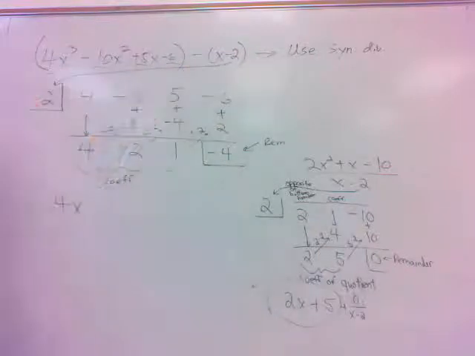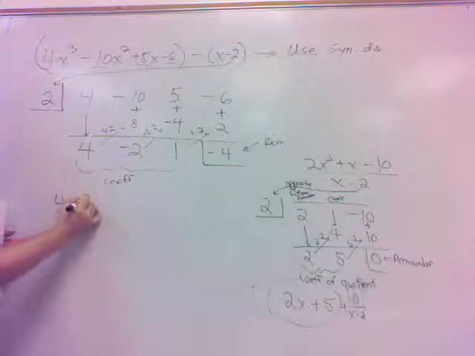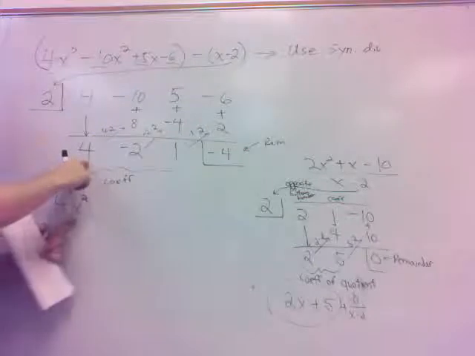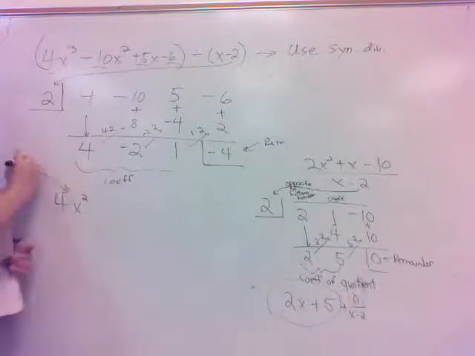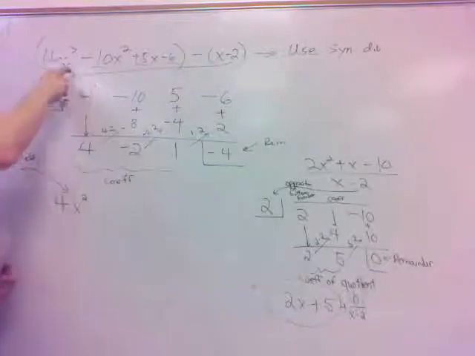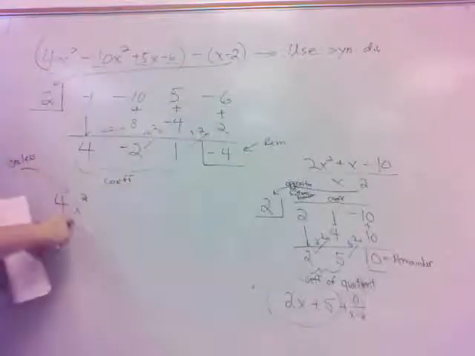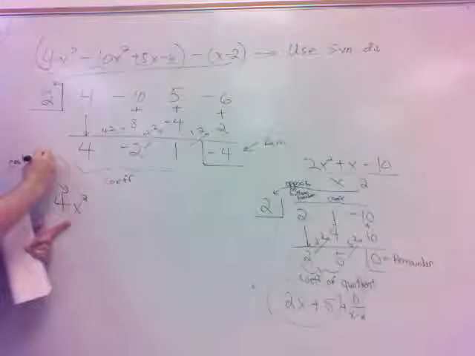So isn't that going to be down to a 4x squared? Yeah. The first one always goes with 1 less power than you started with. If this was x to the 5th, then that would be x to the 4th. So 1 less power than you started with. That's what you got right there.